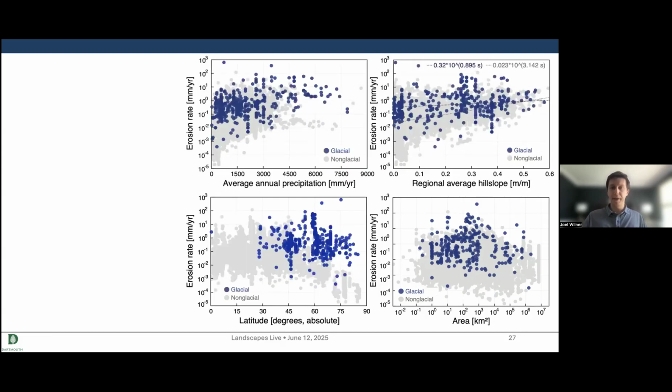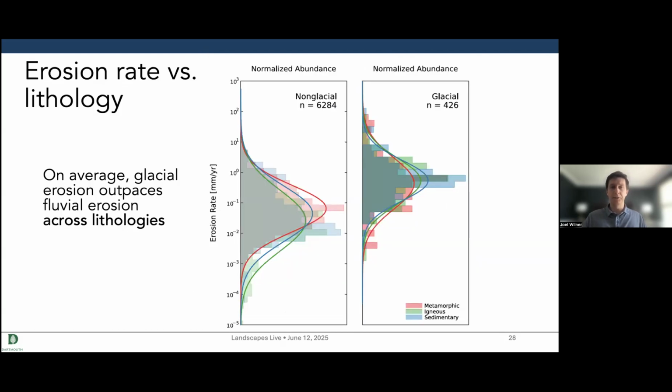So we have all these independent variables that we've plotted against. We also have lithology, which you may be wondering about. So we plotted against crude categorizations of lithology from Macrostrat data and found that on average, glacial erosion outpaces fluvial erosion across these different lithologies.